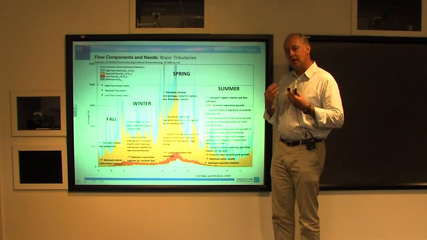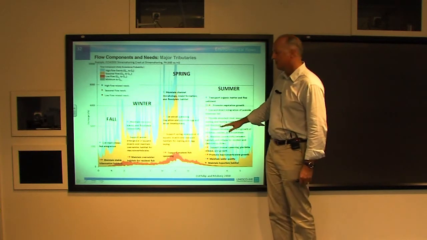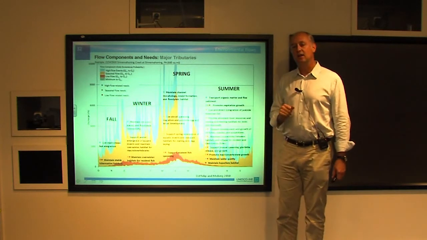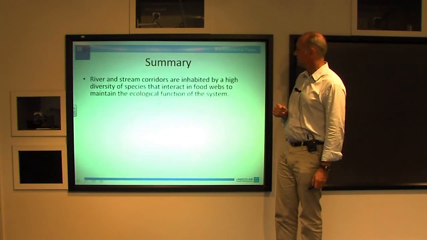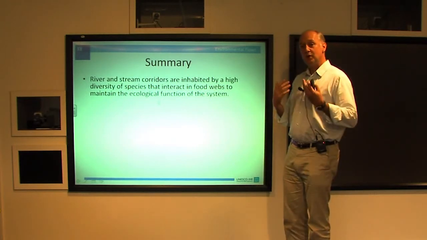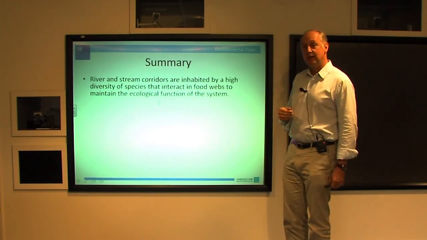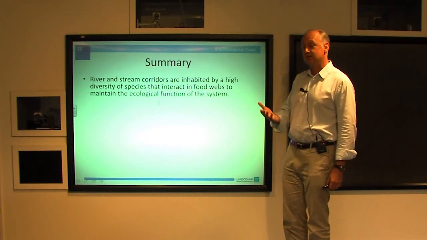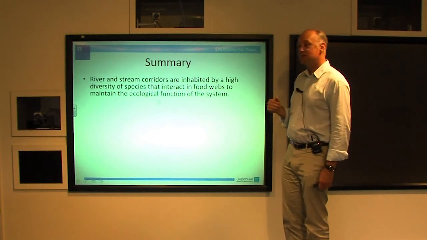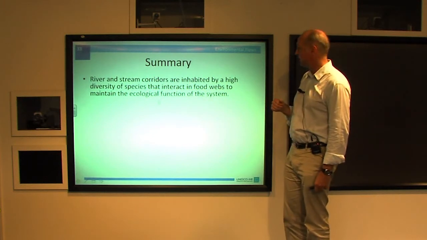Not just one, but a number of different flow levels are required to meet the full range of ecological needs of these species. So let's summarize what we've learned in this time and what you'll be exploring more in your readings and in the online discussions among your fellow classmates, but also among the teaching staff of the course.